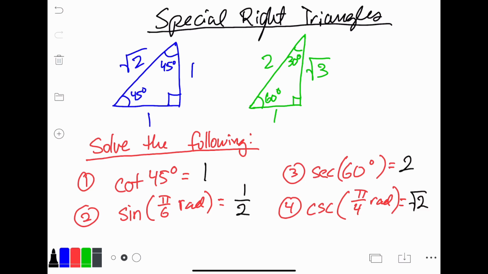And there you have it. These are the answers. So before you end the video, just remember, memorize these two special right triangles because with them, you can find all 6 trig functions for the 3 special angles 30, 60, and 45 degrees.